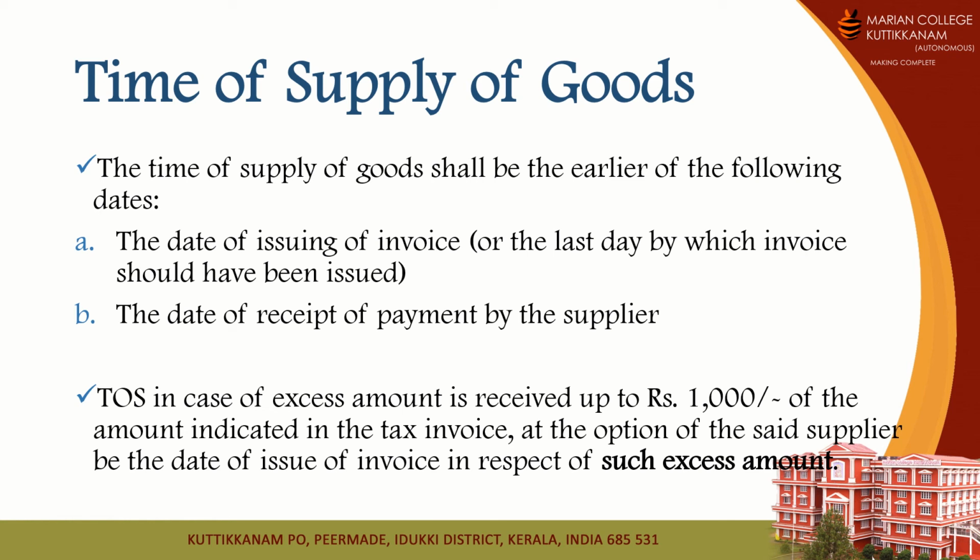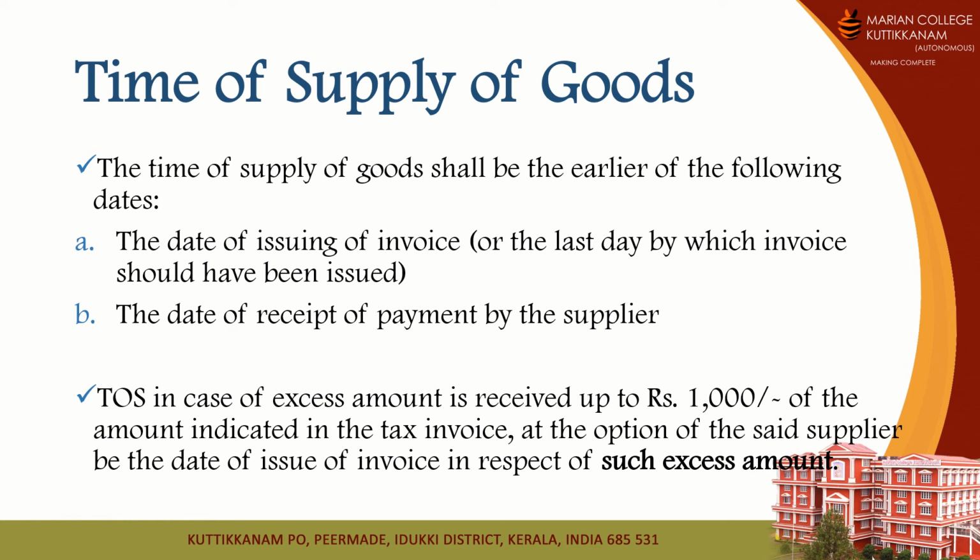In a special case, if a supplier receives an amount up to rupees 1,000 over the amount indicated in the tax invoice, for example, the tax invoice is worth 99,000.